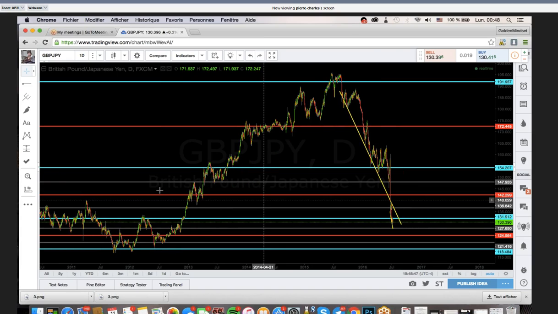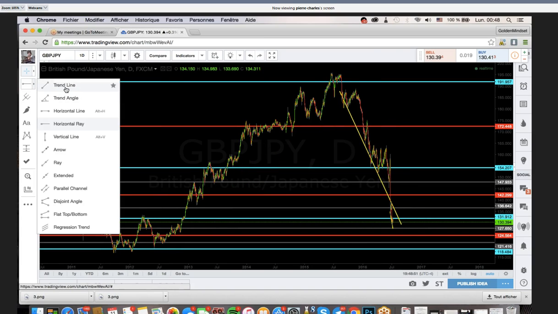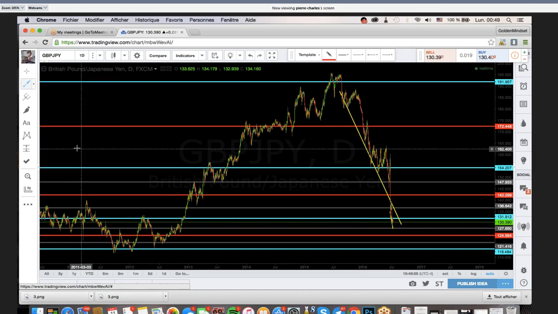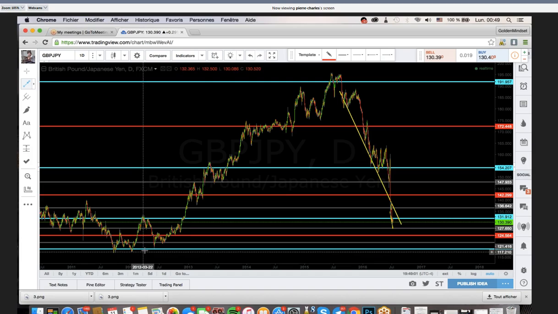For example, the GJ triangle that Pierre called a signal on, if you zoomed in very close, way on the left, you can see where the last time it tried to break out up where resistance was. Pierre called that triangle at about 130.9 or something like that, if I'm not mistaken. Yeah.